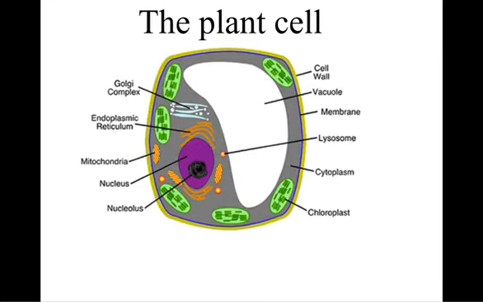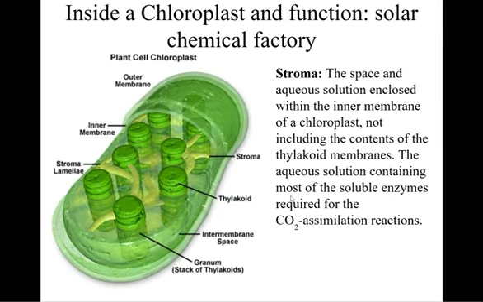And so we see here a plant cell. Where all of this photosynthesis is happening is in the chloroplast. Looking deeper inside the chloroplast, you have the stroma, which is right here, which is the space and aqueous solution enclosed within the inner membrane of the chloroplast.